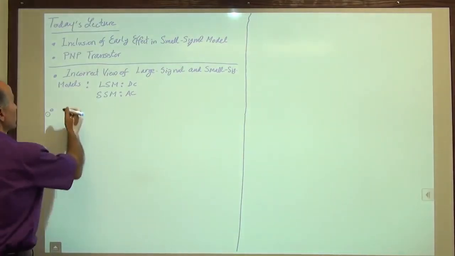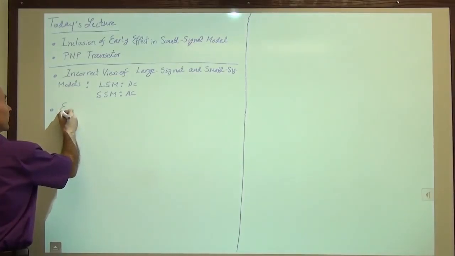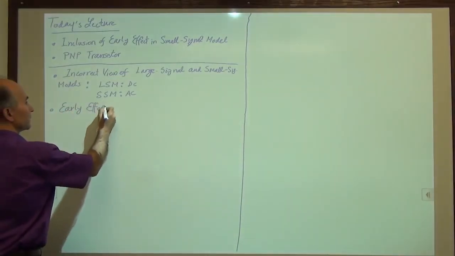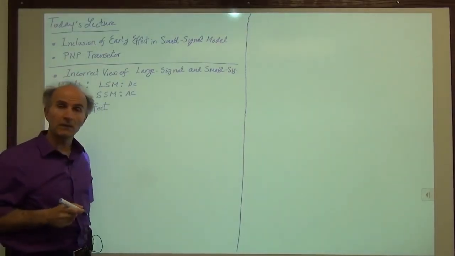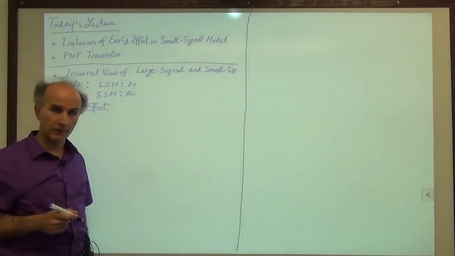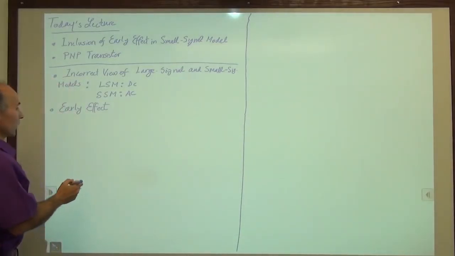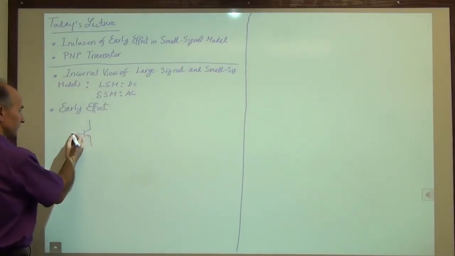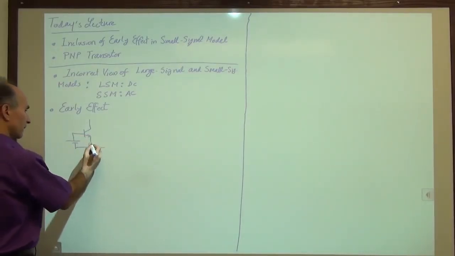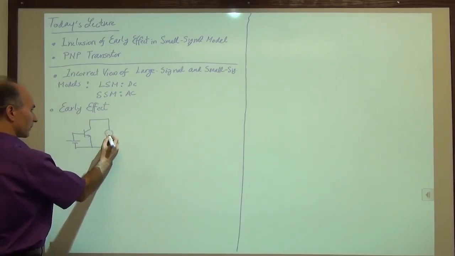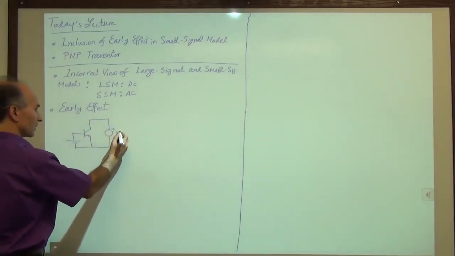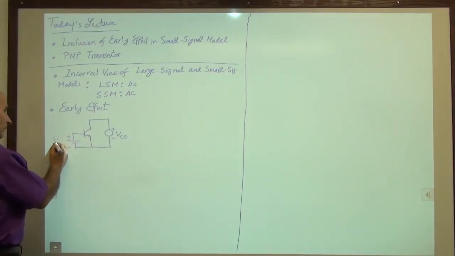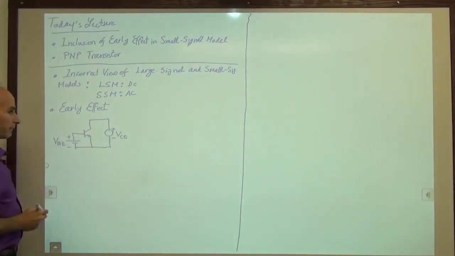Okay, now let's go to the early effect and see what we have to do about the small signal model of the transistors. All right, so here's the situation. We have connected a variable voltage between the collector and the emitter and a constant voltage between base and emitter.